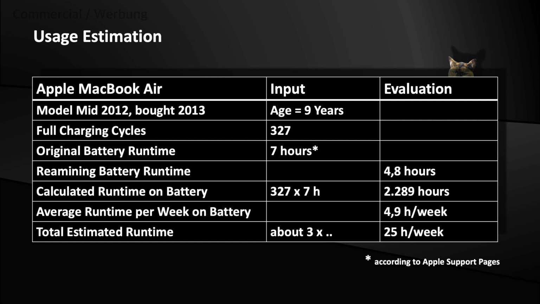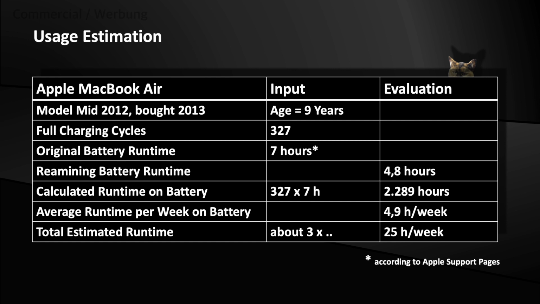With the current battery health status of 69% capacity, I can still reach 4.8 hours battery runtime. The system report recommends to bring it to the service and replace the battery. However, for me the battery runtime is still sufficient and I want to save the money to buy the latest MacBook Air soon.